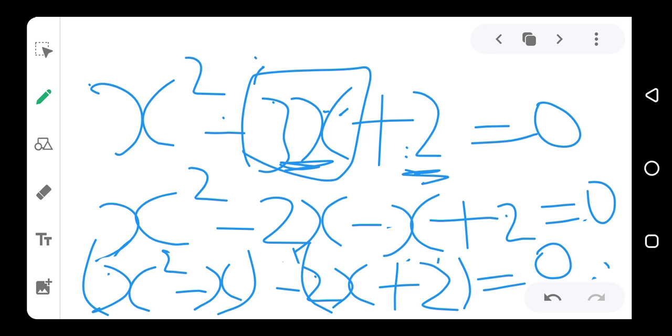Now this means that if we take a factor, what is common between x raised to power 2 and x? x is common between the two of them. So we take one of the x out.